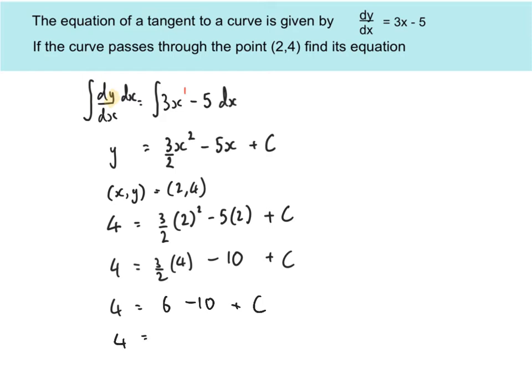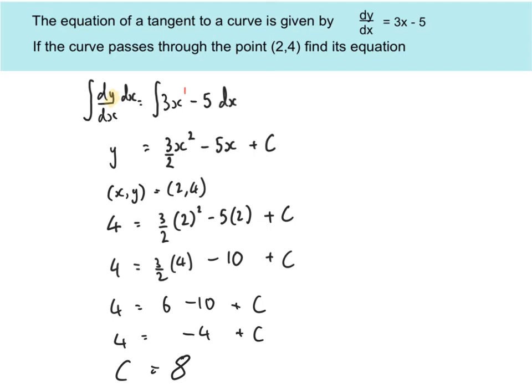So 4 equals negative 4 plus c, which tells us that c has to equal 8. Whenever we integrate, we have to put down plus c because we don't know what the number term is. In this case, where we have been given some specific information, we have figured out what c is equal to.